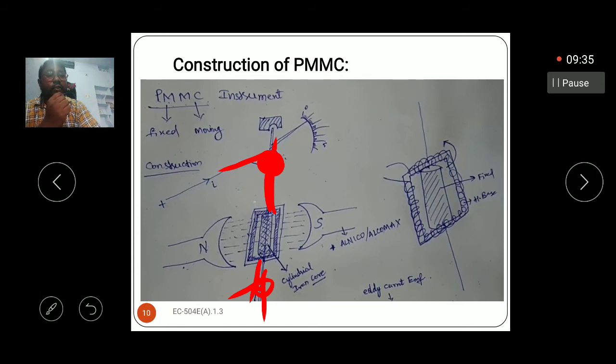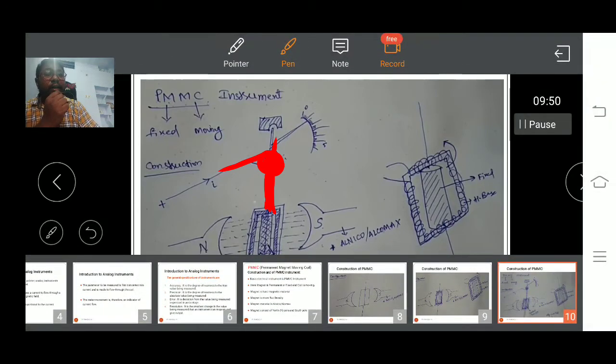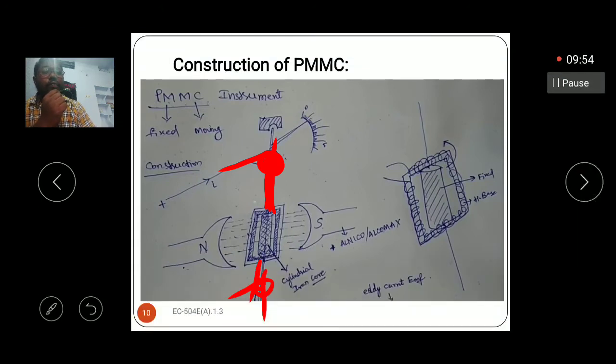One end is connected to the positive terminal of the spring, and the other end is connected to the negative terminal of the spring. The leftover coil ends are connected to the springs, and one end is connected to the supply, both the ends of the coil.